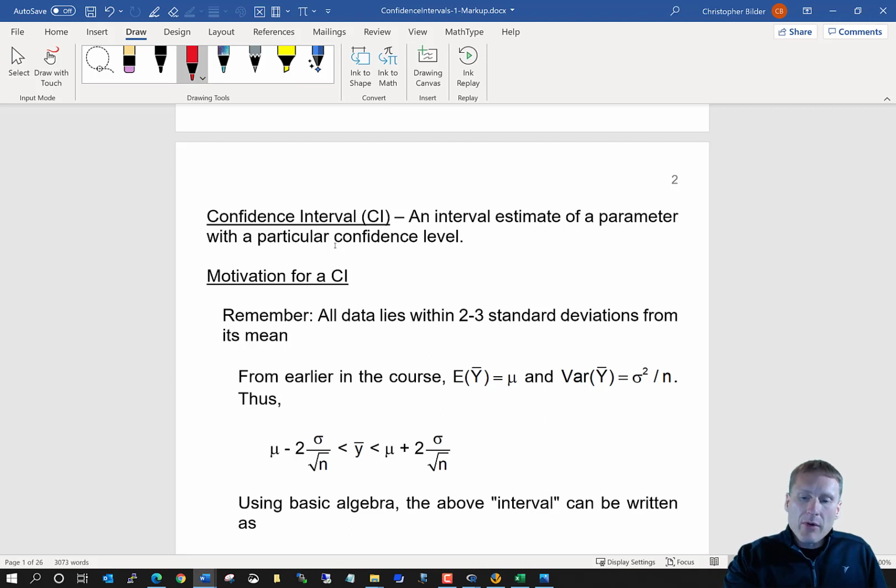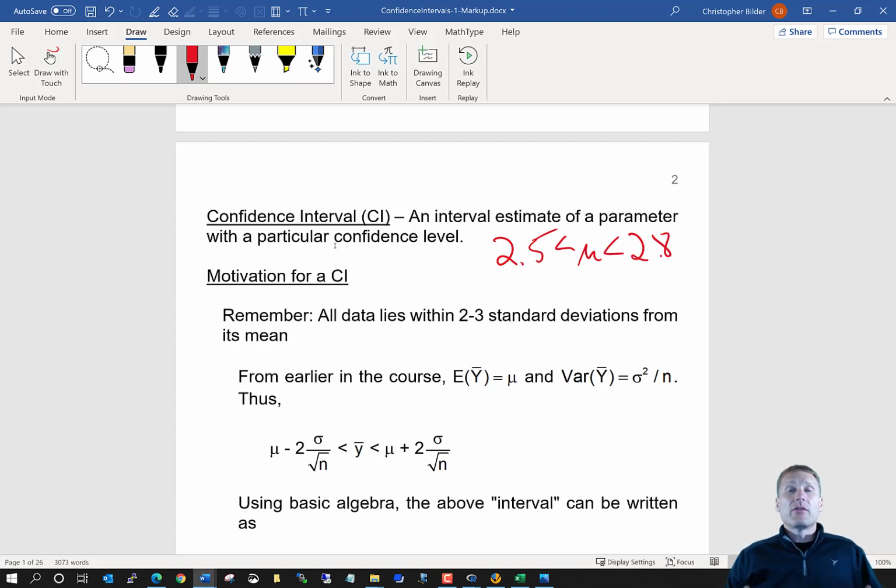For example, thinking in terms of the GPA example, we might say that the mean GPA of all students on campus is somewhere between 2.5 and 2.8, and we are 95% confident that this is true. These are the kinds of inferences that we're going to make, where this 2.5 and this 2.8 are computed using information that we have in our sample.